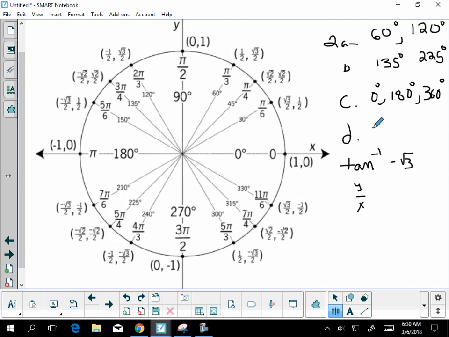It's going to happen at 120 degrees and at 300 degrees. All right, so on those, all you have to really do is look at your unit circle and figure out where they match up.